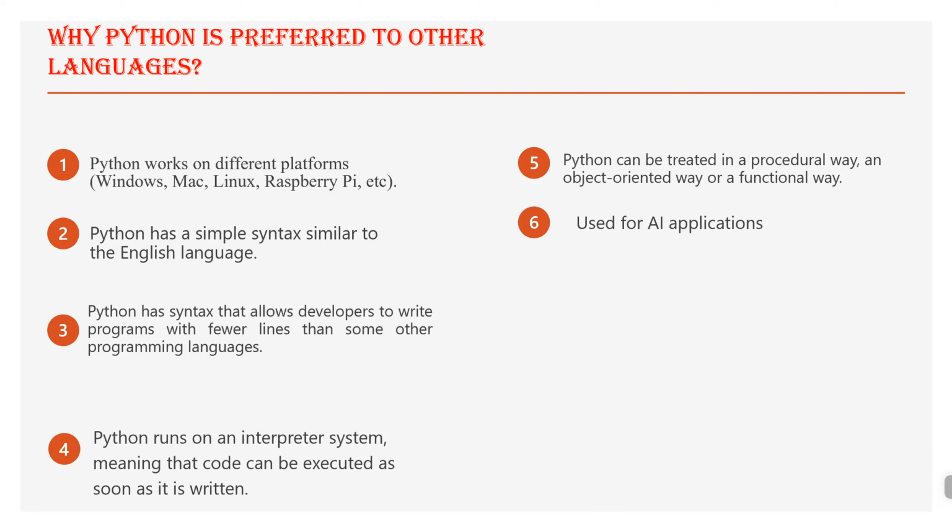In the object oriented way, one of the powerful languages which use object oriented programming concepts is Java. Python can also be used there. And Python can be used wherever a functional approach is required.